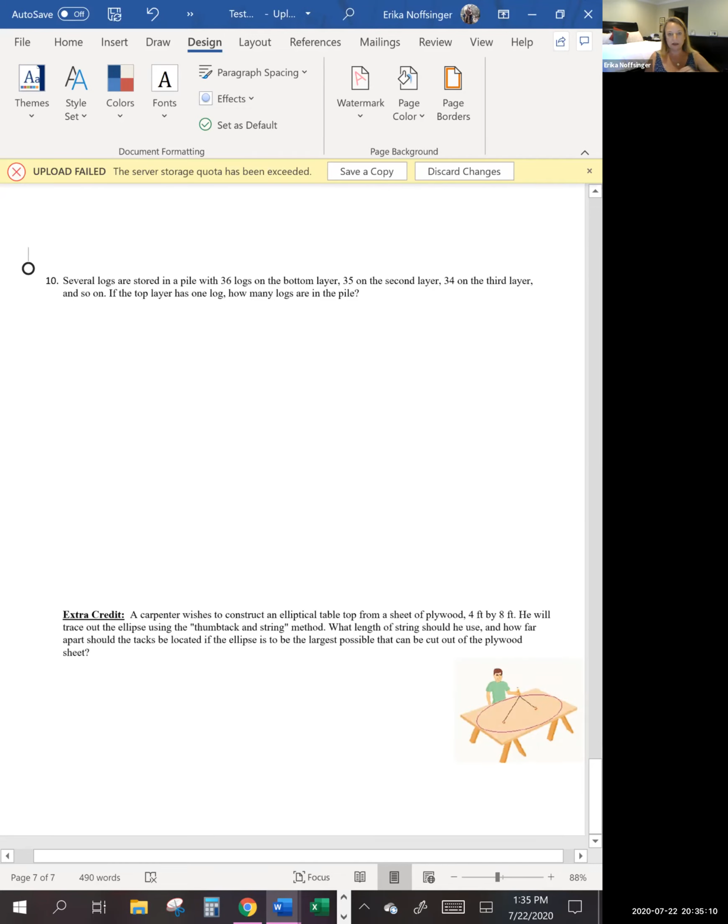So this looks like a series because we're summing. The number of logs in our pile could be written as a formula where we can find the nth term. So we have 36, 35, 34, dot dot dot, down to 1.